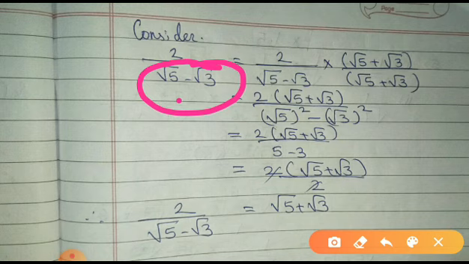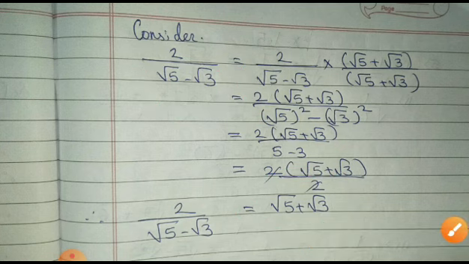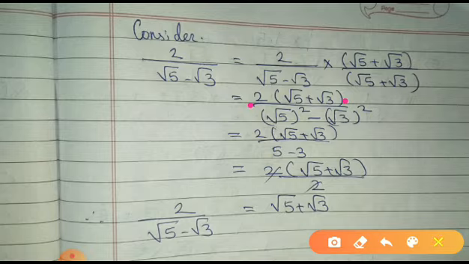After simplification, I have got here root 5 plus root 3. Now see here I have not multiplied 2 inside. No problem. If you multiply it inside the bracket, then also it has no issues. I have just kept the 2 outside. So I got it as root 5 plus root 3.